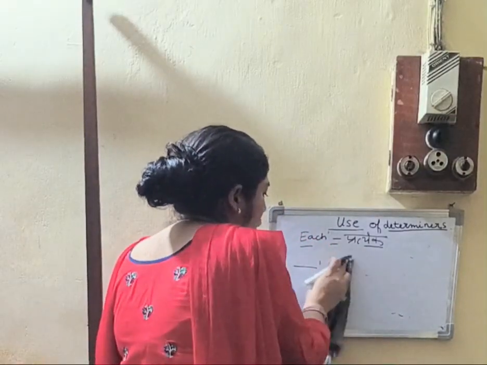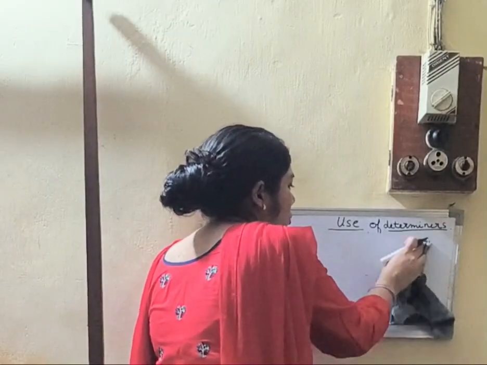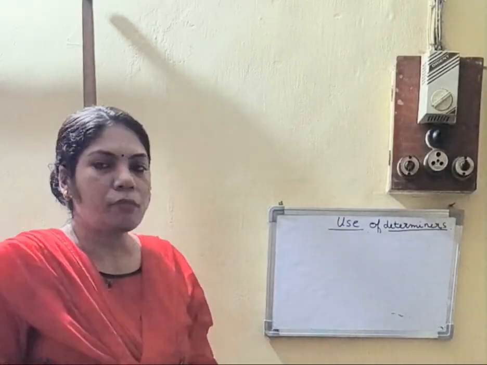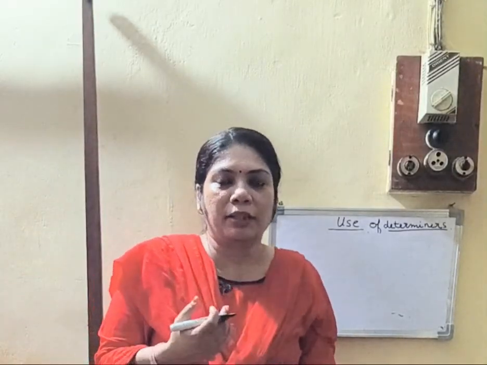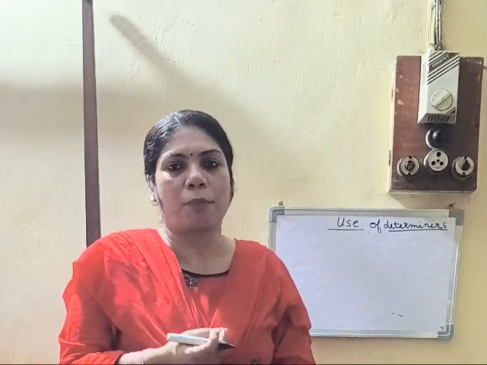You should remember through this simple chart I have given you for your understanding. Okay, how you will make the difference between the use of different determiner and making proper sentence.